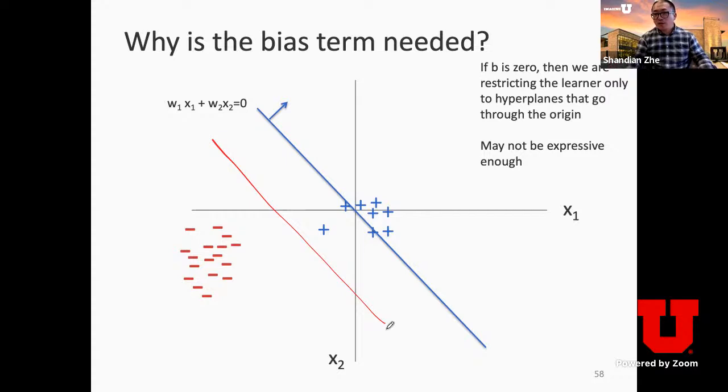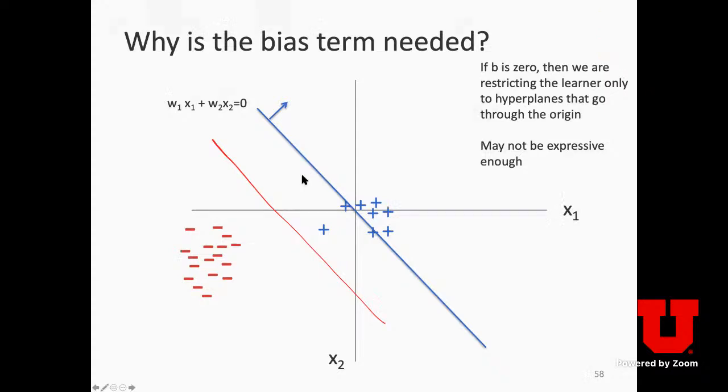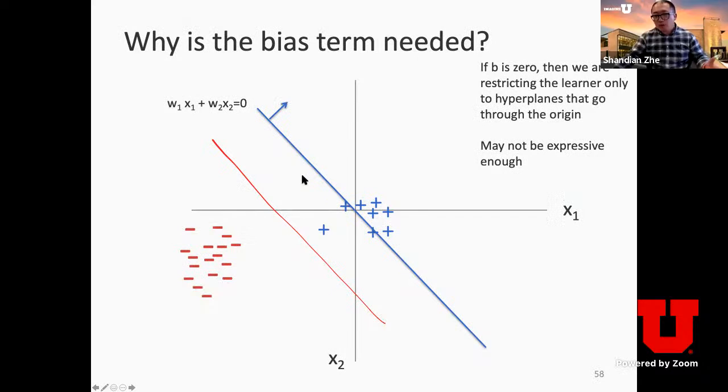That's how B works from the geometry point of view. It can make the linear classifier more expressive. Okay, any question? Okay, great. This is just to let everybody know that this B is not something we could ignore. It actually plays an important role as well.